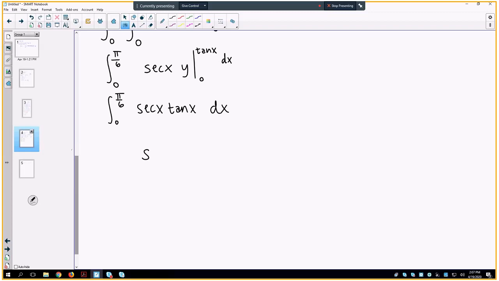So when I take the antiderivative, it's secant of x, and I want to evaluate between 0 and pi over 6. So I get secant of pi over 6 minus secant of 0. And if I'm not sure off the top of my head those values for secant, I know that secant is 1 over cosine. So cosine of pi over 6 is square root of 3 over 2. That means secant of pi over 6 should be 1 over square root of 3 over 2.